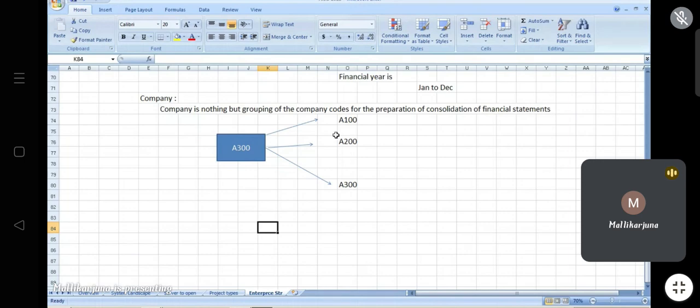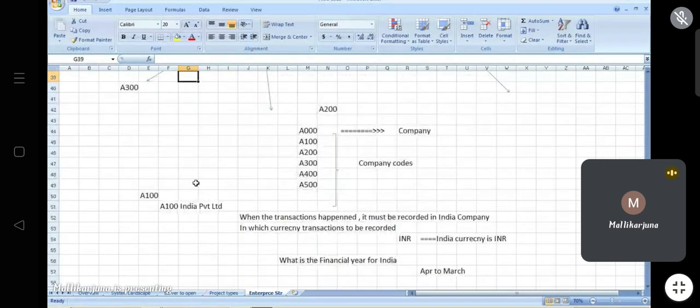What we will do in SAP is use the functionality of company and company codes. We will assign all company codes to the company, where, while you are creating the company, you will specify the currency.